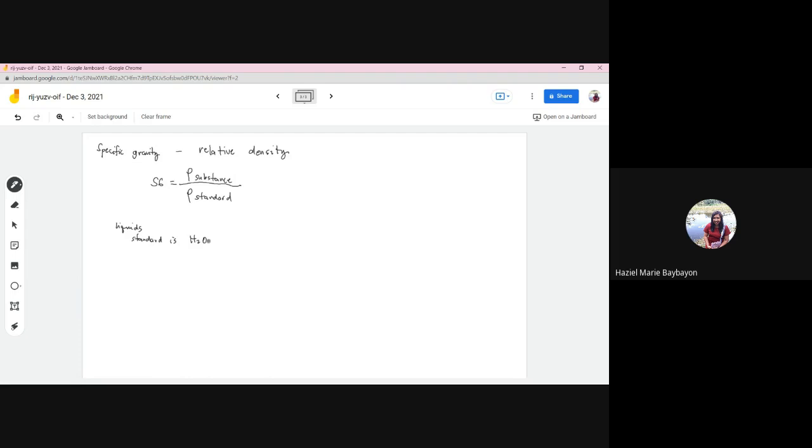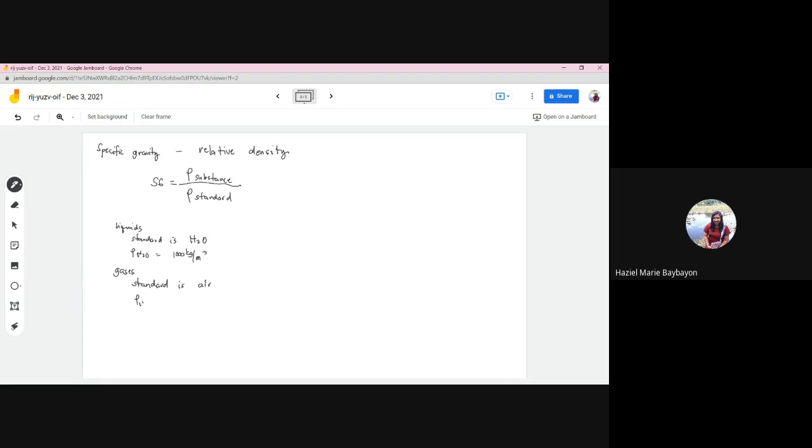So, we know that the density of water at 4 degrees Celsius is equal to 1,000 kilograms per meter cube. And then for gases, the standard is that of air. Standard is air.